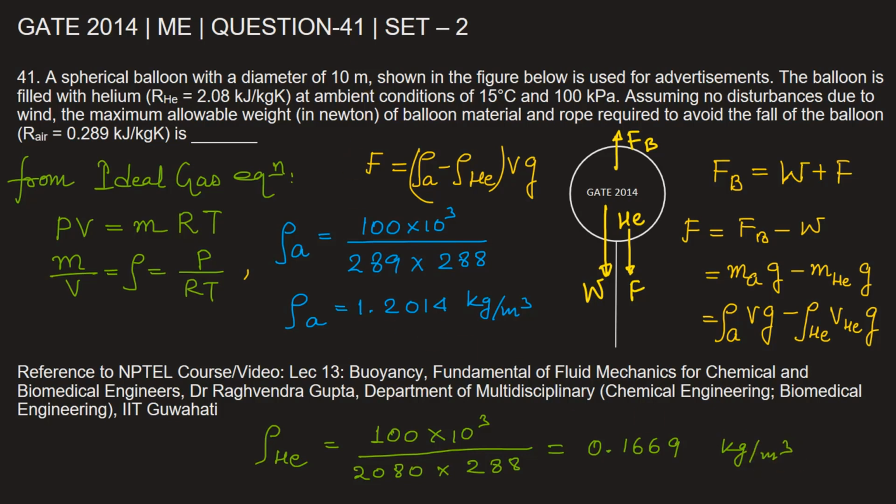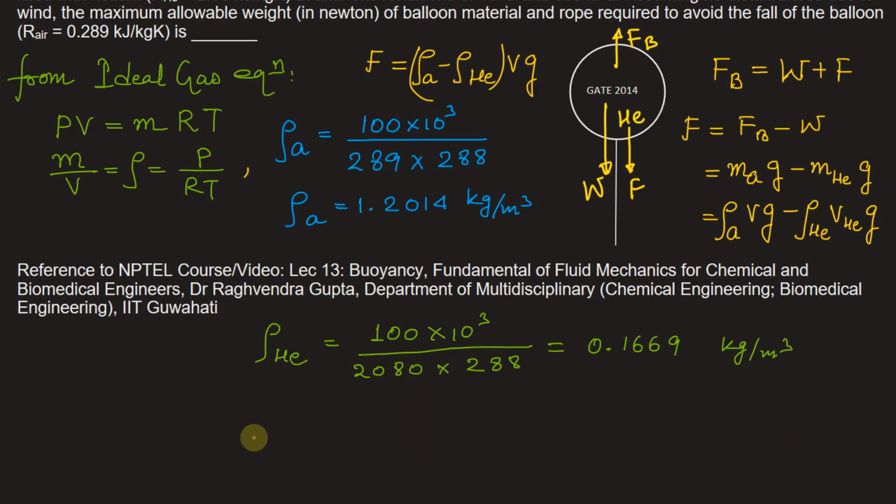Now our main aim is to find the value of F. So let's find it here. F is equal to rho A minus rho helium. So rho A is 1.2014, the density of air, minus the density of helium, whole multiplied by V, the volume.